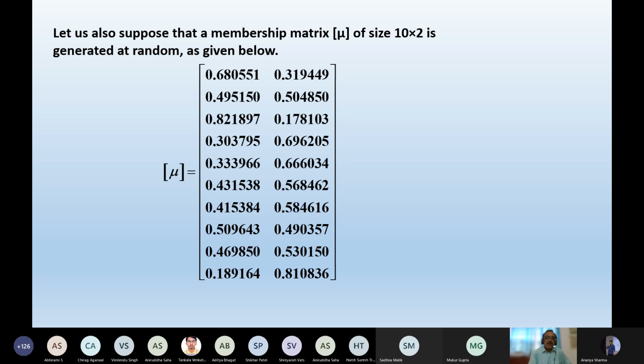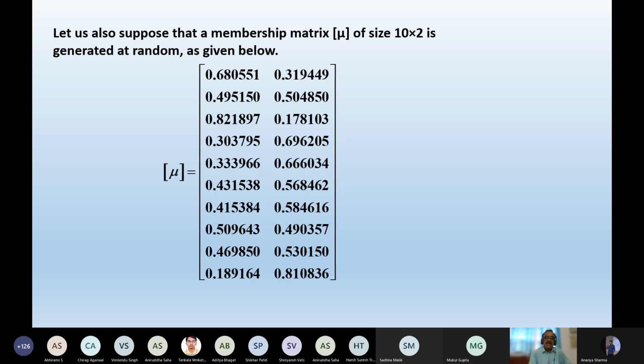You can see that. So this is 0.680551. This is for the first point, the membership function value in the first cluster, and this is 0.319449. This is the membership function value of the first data point with the second cluster.